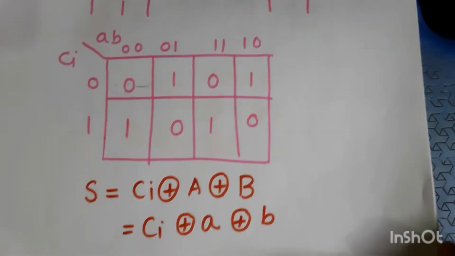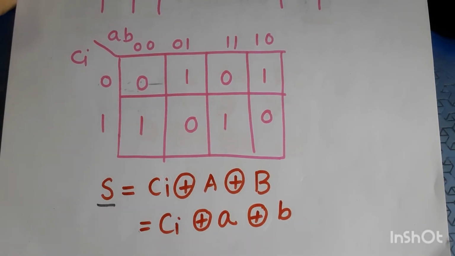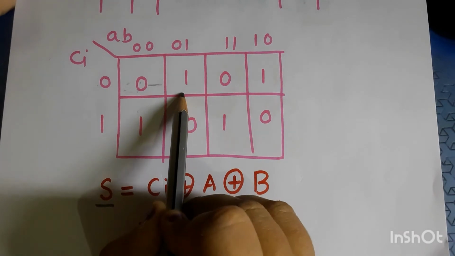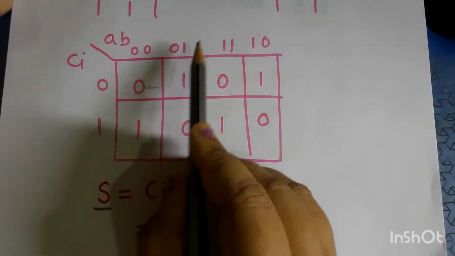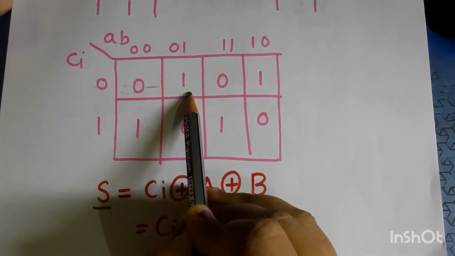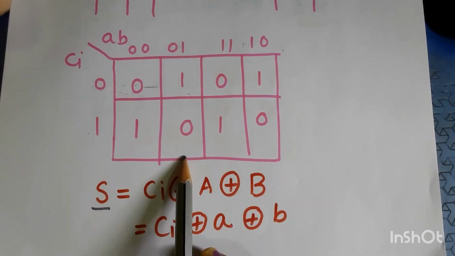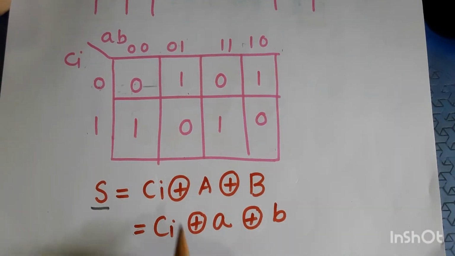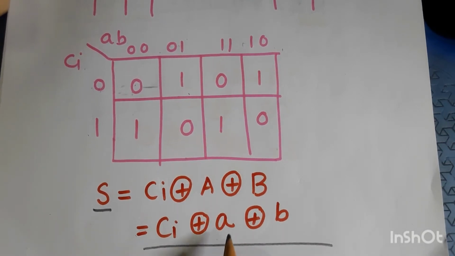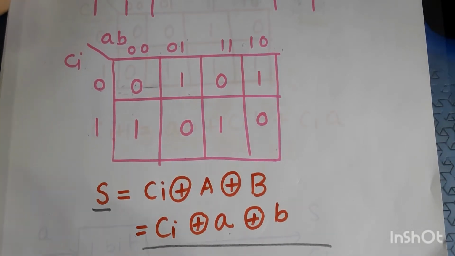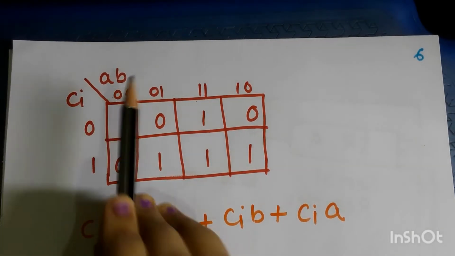Now I have put the K map for the sum. I have put at what value of Ci, A, B the sum S is 1: at 0, 0, 1, 0, 1, 0, 1, 0, 0 and 1, 1, 1. The sum is Ci exclusive OR A exclusive OR B. Here it is Ci, here it is AB.